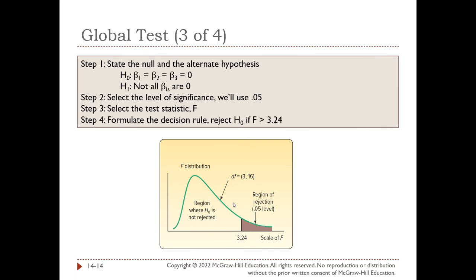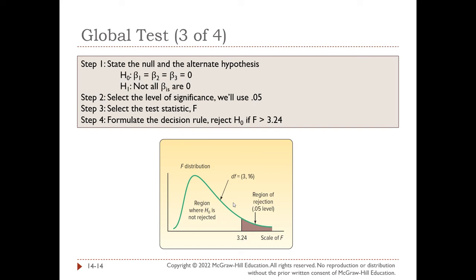Again, we're going to state the null and alternative hypotheses. Our null, again, is that all the betas, beta 1, beta 2, beta 3, equal 0. And the alternative is that not all betas are 0. Select the level of significance.